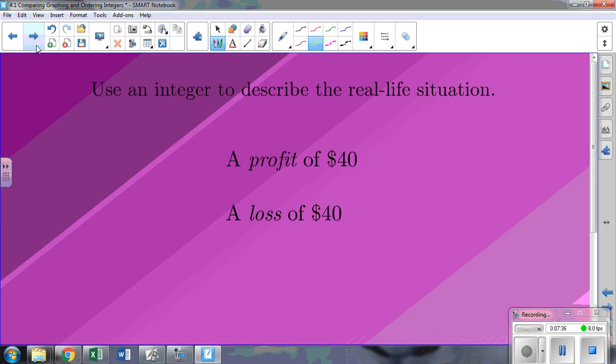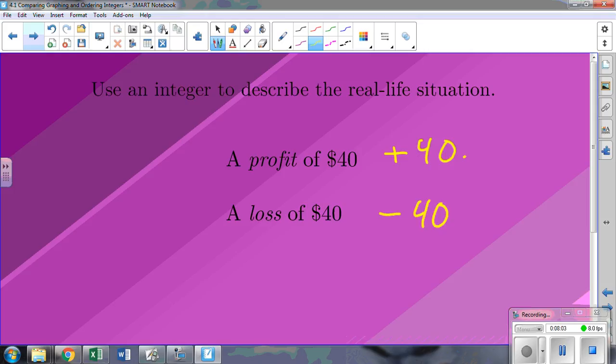Last thing that we have, we know that integers are positives and negatives. So is this a profit of $40? Should that be a positive or a negative? Well, if you're making money, profits are positives, so that'd be plus 40. If you're losing money, those are negatives. A loss would be a negative 40.